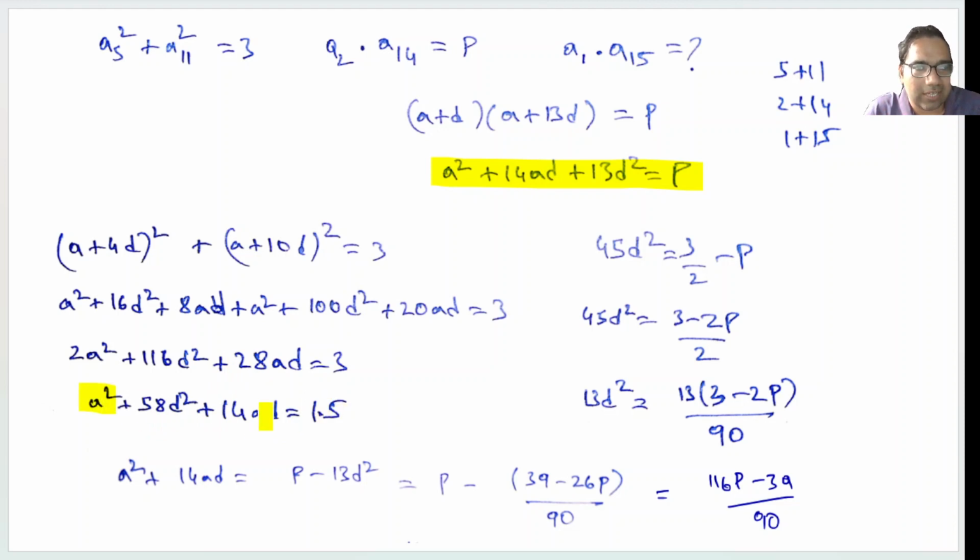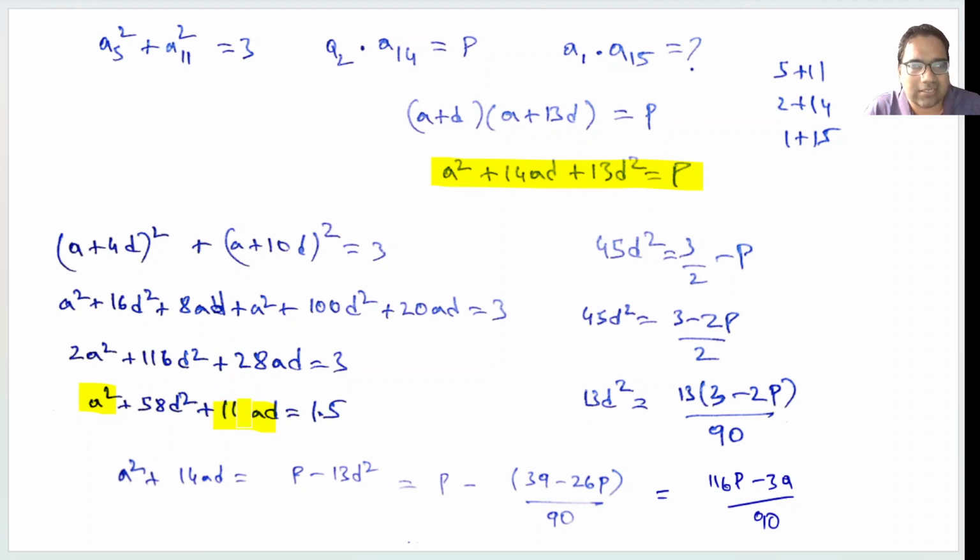We have A square and 14AD here, and we have A square and 14AD here also. So if we subtract this one from this one, we get 58D square minus 13D square, which is 45D square, equals 1.5 minus P, which is 3 by 2 minus P. How did this help? Because of this A square plus 14AD.